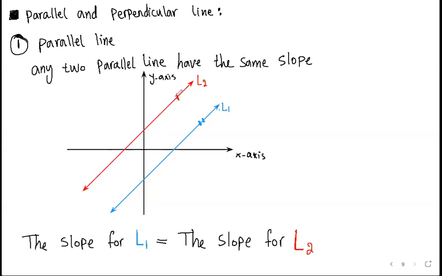Both lines are parallel. So this means M1 is exactly like M2. The slope for the red color is the same as the slope for the blue color. Make sense?